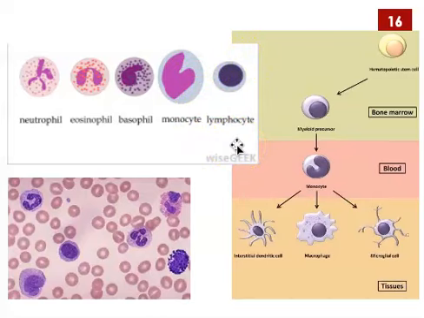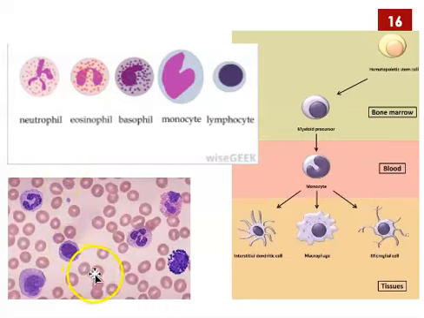And again, some of them are circulating in your bloodstream. They're in the lymph system or the lymphatic system in your body. And some of them are actually out in the tissue, protecting you. Down on the left-hand side, we have an actual light microscope image of a blood smear.